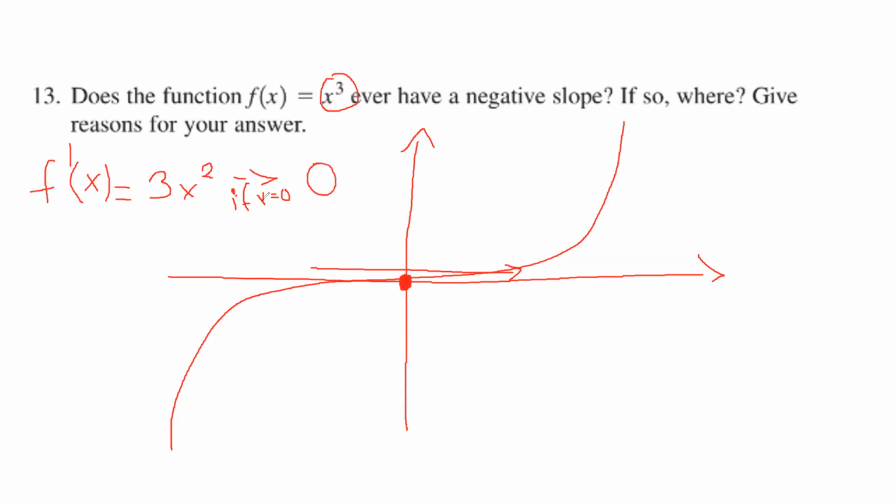You see that? So we're going to have a horizontal line tangent to the graph at this point. Now let's take a point here somewhere and a point here. Let's take 1 and -1.